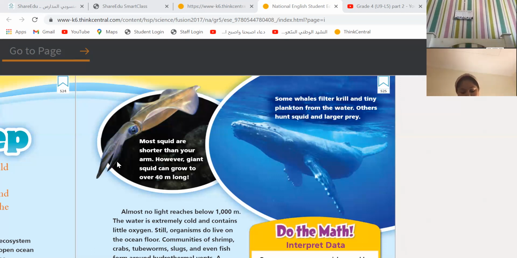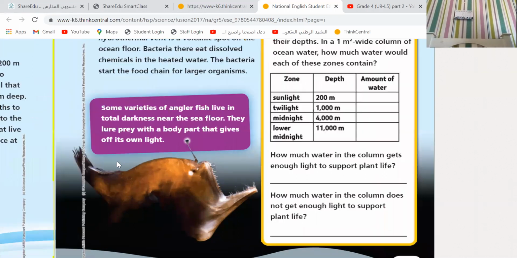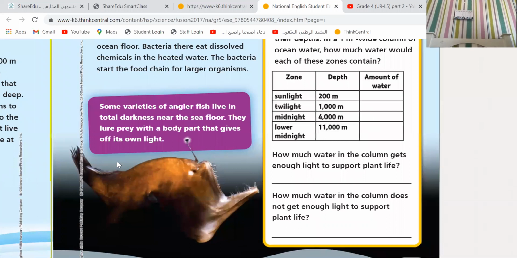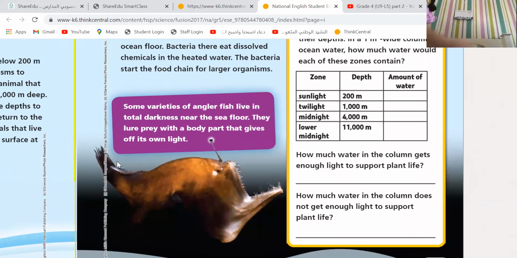Well done. Okay, what about this creepy fish? It looks really scary. It looks so weird. Its teeth are short. Some varieties of angler fish, they call it angler fish. They live in total darkness.